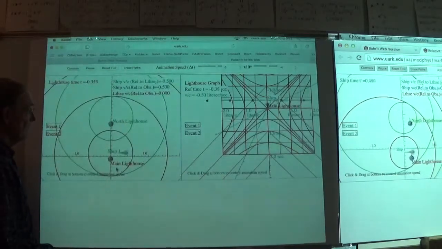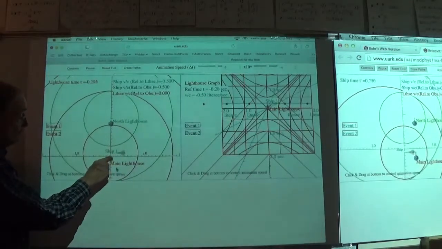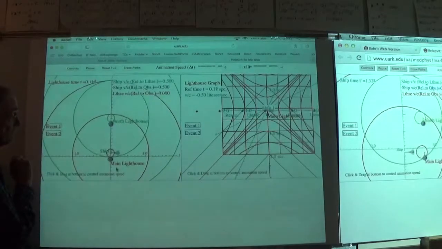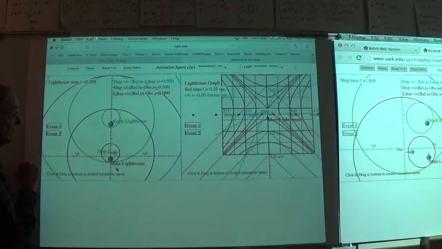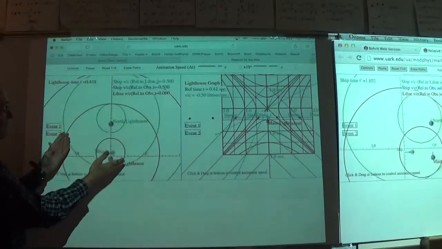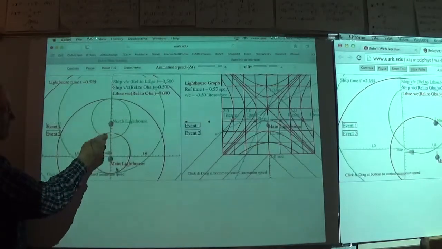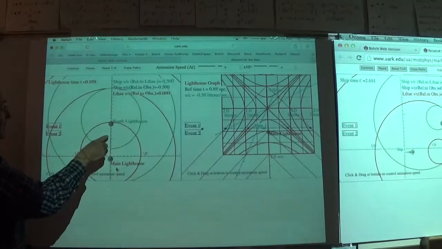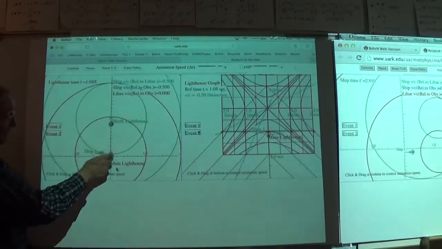Okay, bingo. Here comes the ship. Its nose goes right by the lighthouse at time equals 0 in this frame. That wave goes up, and they run into each other, which is interesting in itself. One little standing wave. And then, at 1 second, there's another blink.